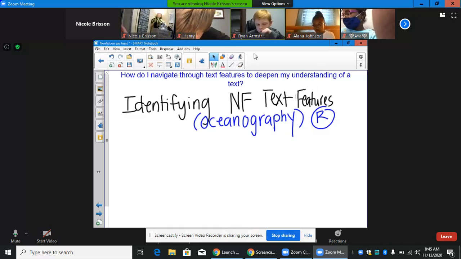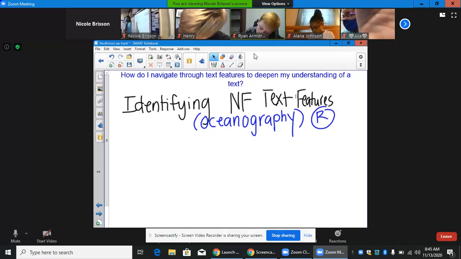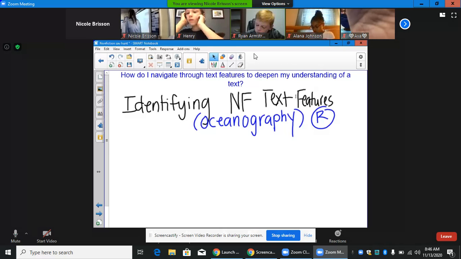It's not going to be about people. It's going to be about animals or things or places like Spain. That's a reference or informational. And then on our chart, we're going to have 3 lines.